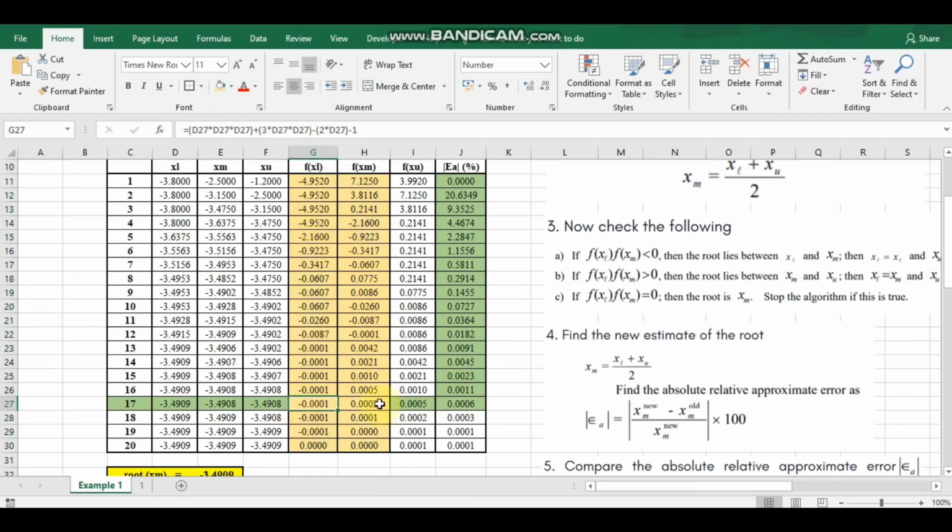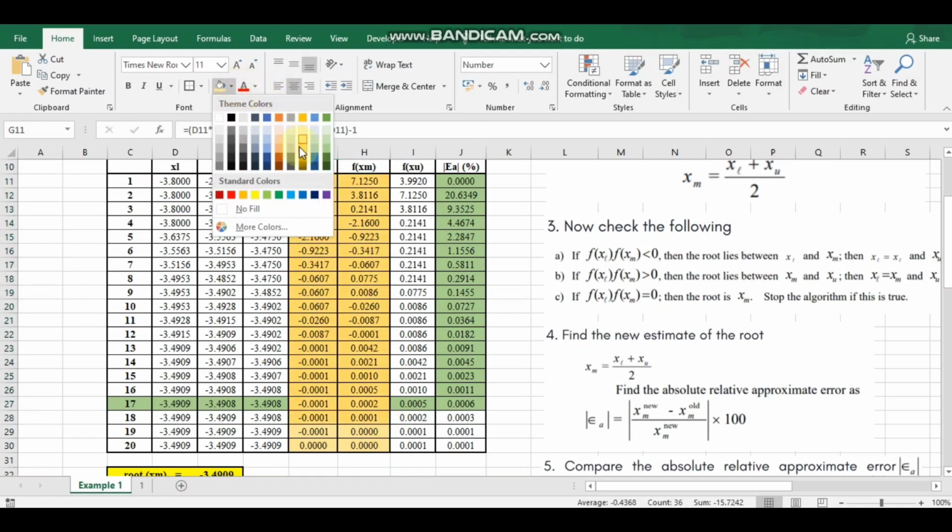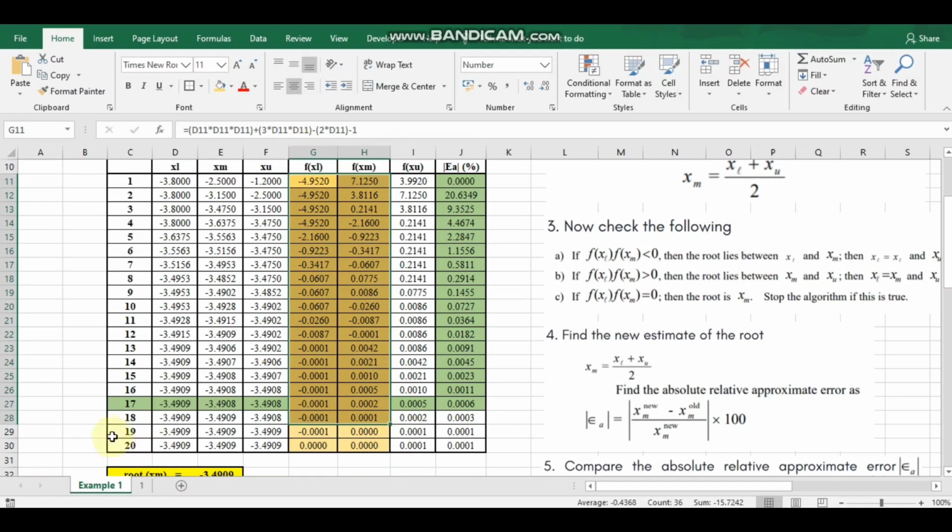From here, we can notice that multiplying f of xl and f of xm from iteration 1 up until iteration number 18 are all greater than 0. And for our 19th iteration, the product of f of xl and f of xm is equal to 0.